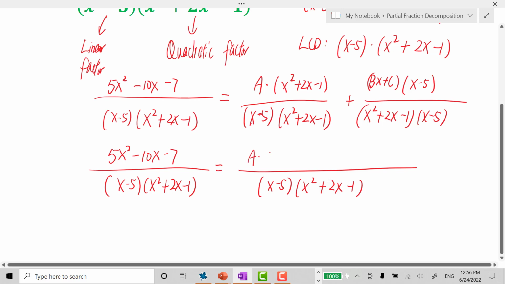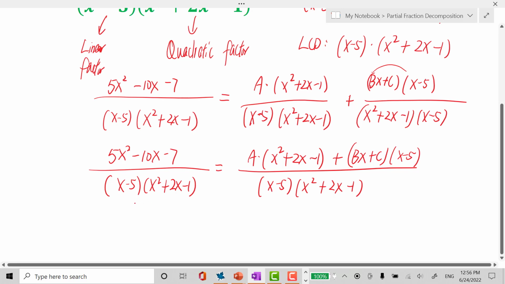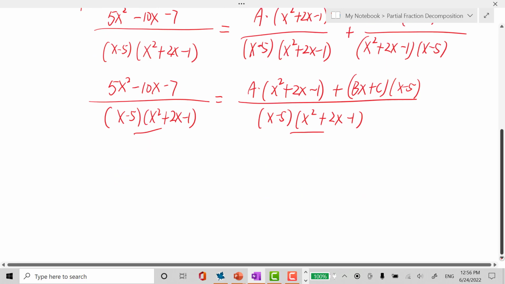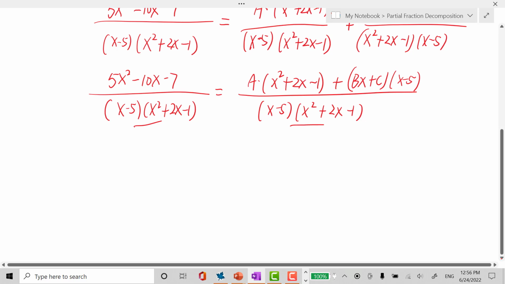Then 8 times x squared plus 2x minus 1, plus bx plus c, which we distribute out later, times x minus 5. So now we have the same denominator again, which means the numerator must be the same.